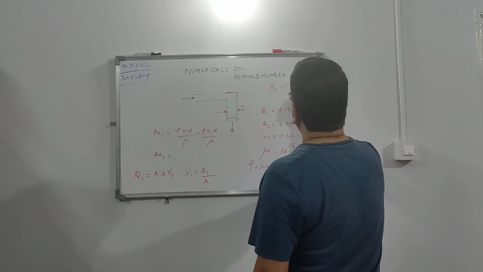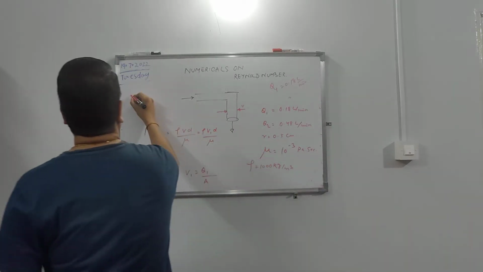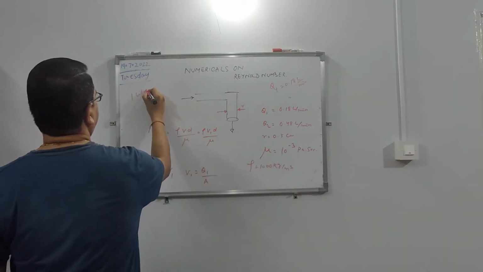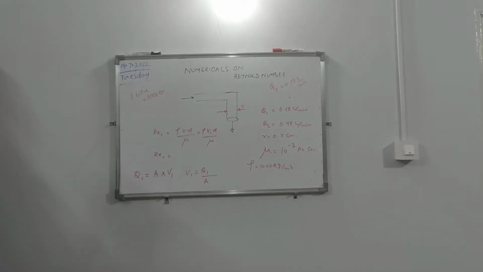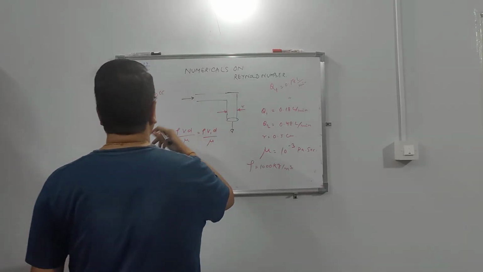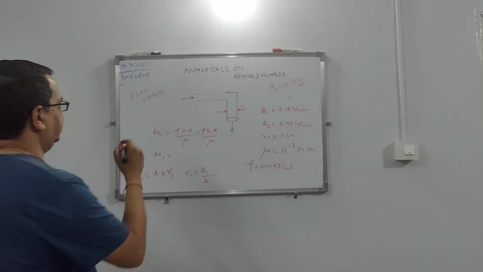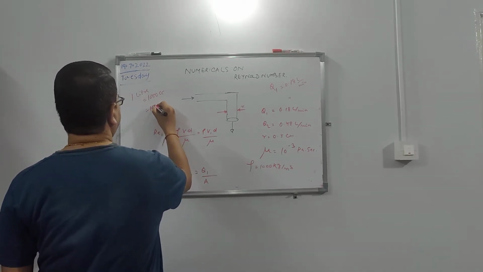So 1 liter is equal to 1000 cc, right? You know 1 liter is equal to 1000 cc, centimeter cube. So this I have to convert into meter cube. So 1000 cm cube.